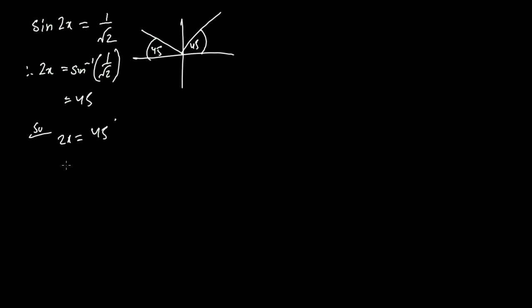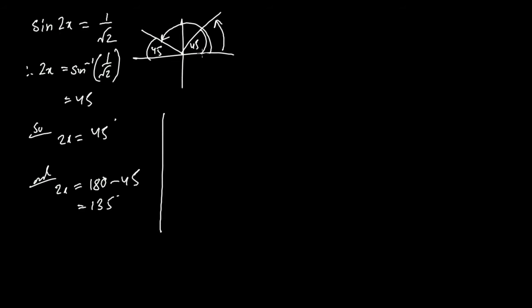So first quadrant 45 degree, and 2x in the second quadrant, 180 degree minus 45 degree, that would be 135 degree. In a regular sum, if it was x, two of the values would be done, but since this is twice x, we have to go another circle all the way back again. So from here we'll get another set of values.